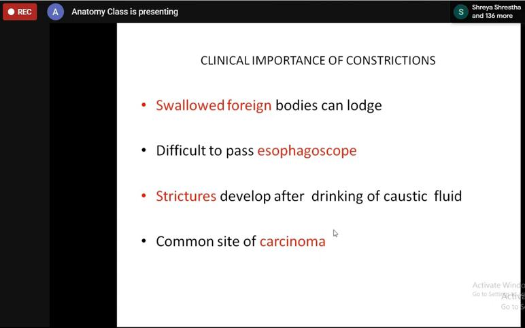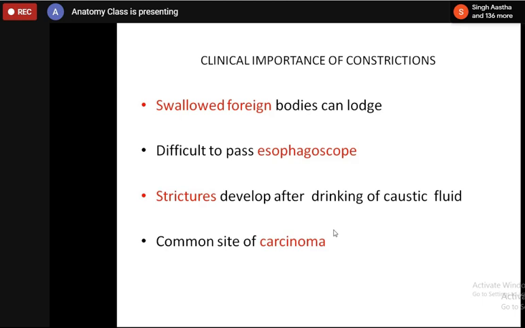The beginning of the esophagus, when the pharynx joins with the esophagus, at the pharyngoesophageal junction, isn't it? And when it crosses behind the aortic arch and the left bronchus, and when it enters the stomach.